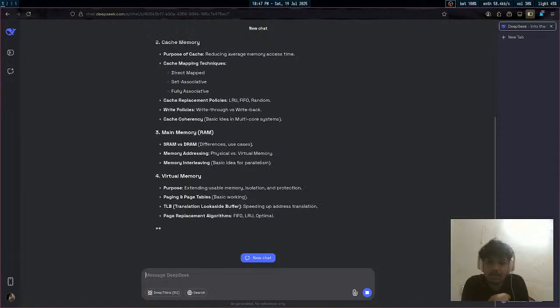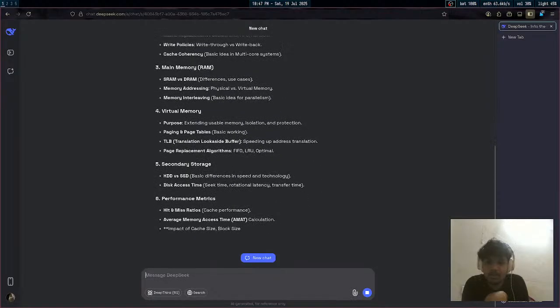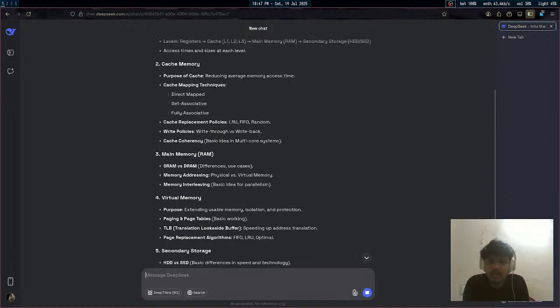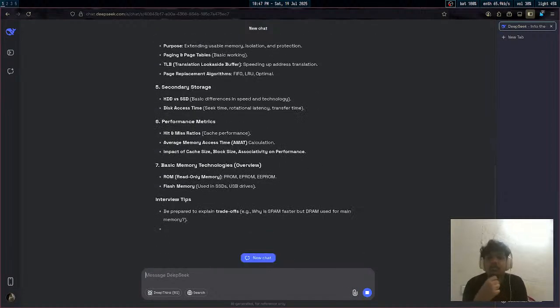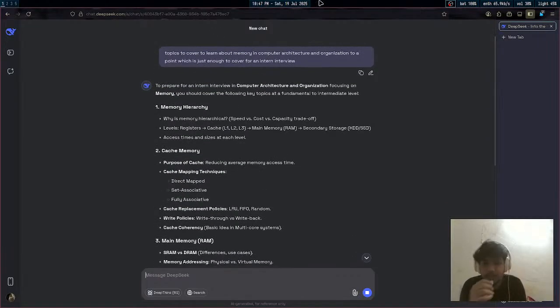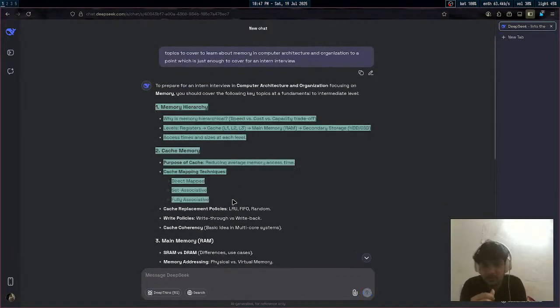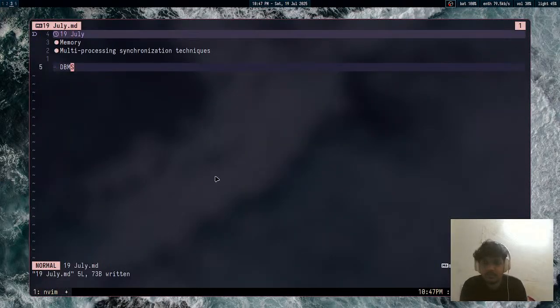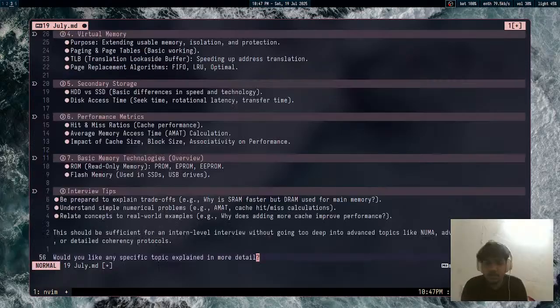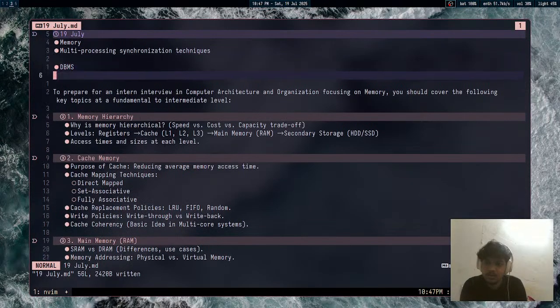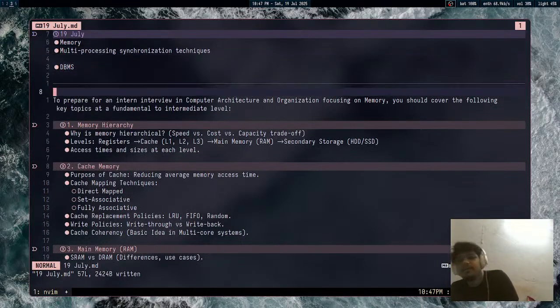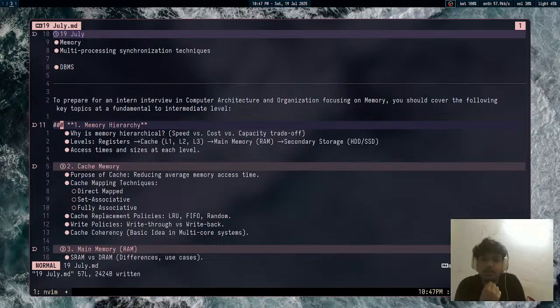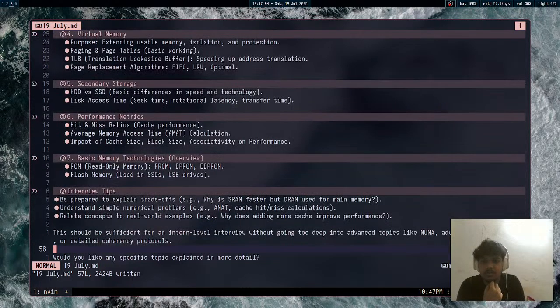Okay, I don't think I will need to go till virtual memory and stuff, but these first three topics look nice to me, so I will just take them and copy paste somewhere. So if I have to reference back, I think I can look over here anytime.